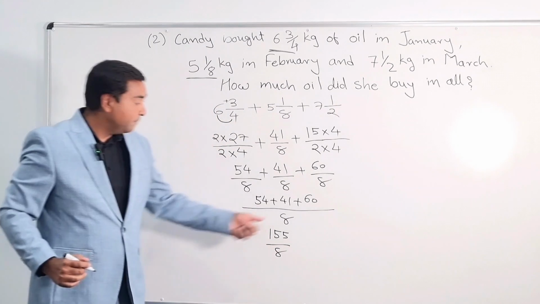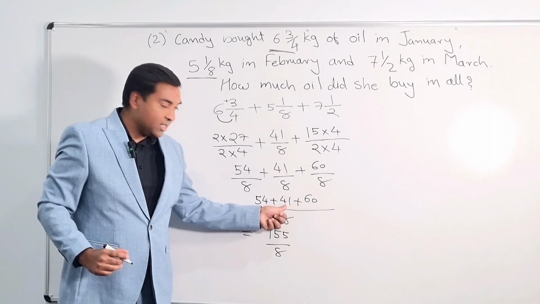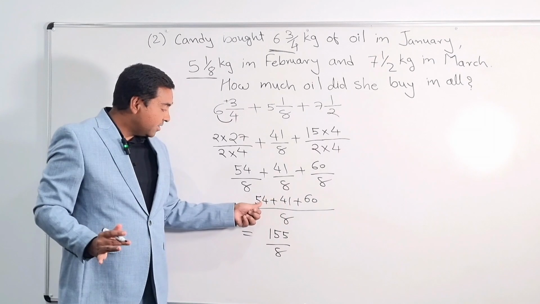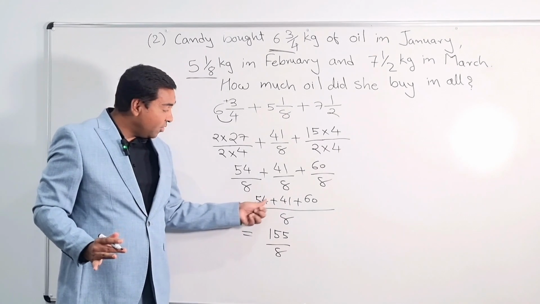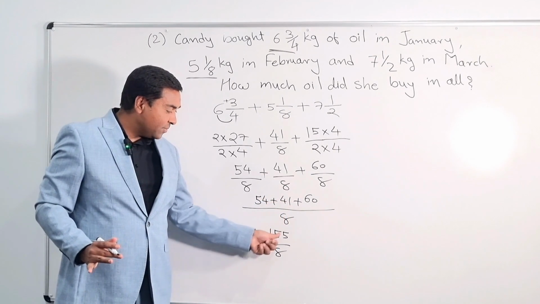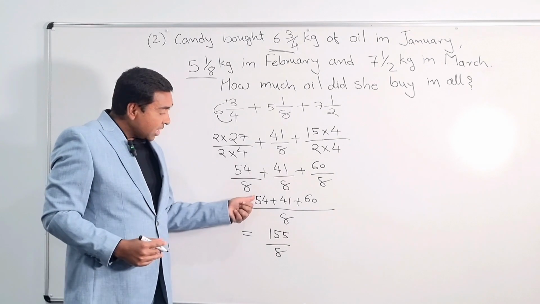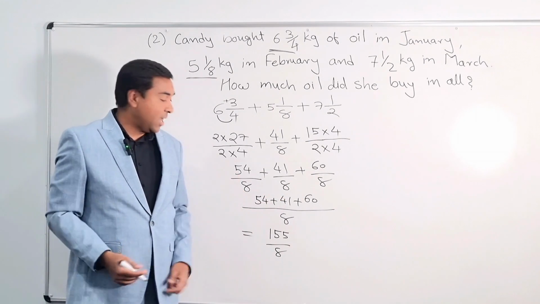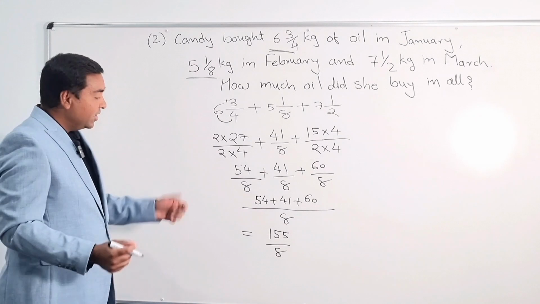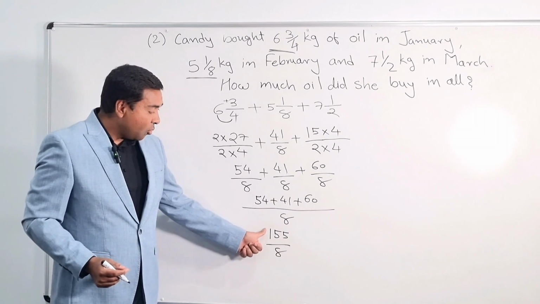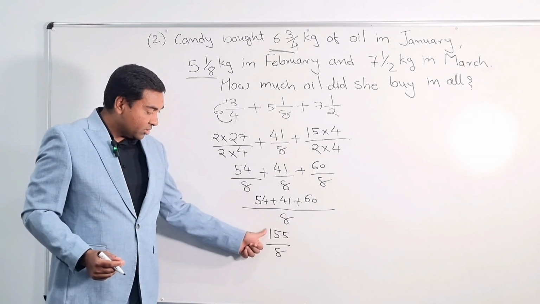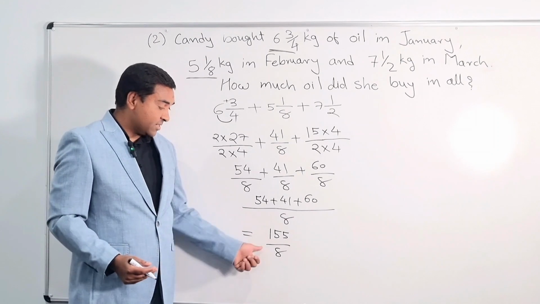What did I do? 60 plus 40, 100. And then 100 plus 54 is 154. There's one more number here. So 155 upon 8. That's easier. If you start from this end, that's going to take more time. Yeah. So always be more creative. And maths can be more interesting, guys. So 155 upon 8. So this is my improper fraction.